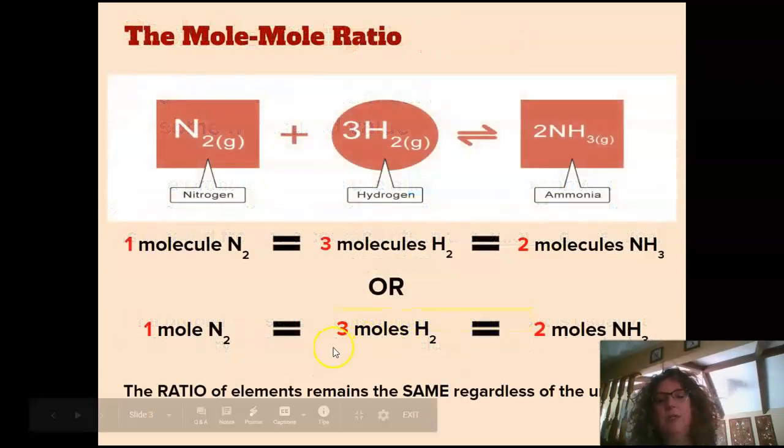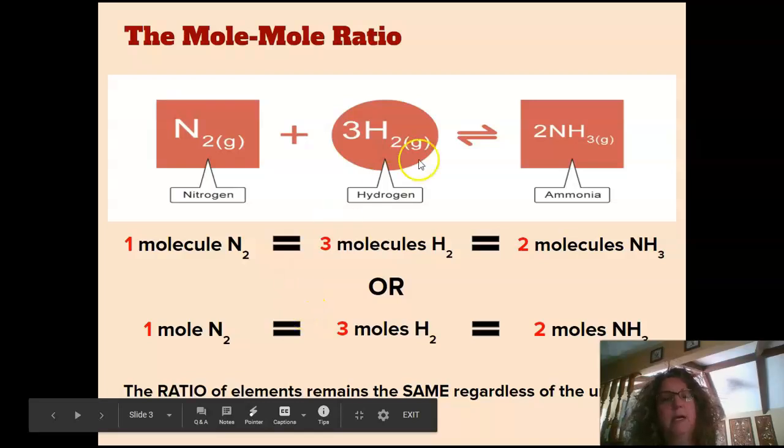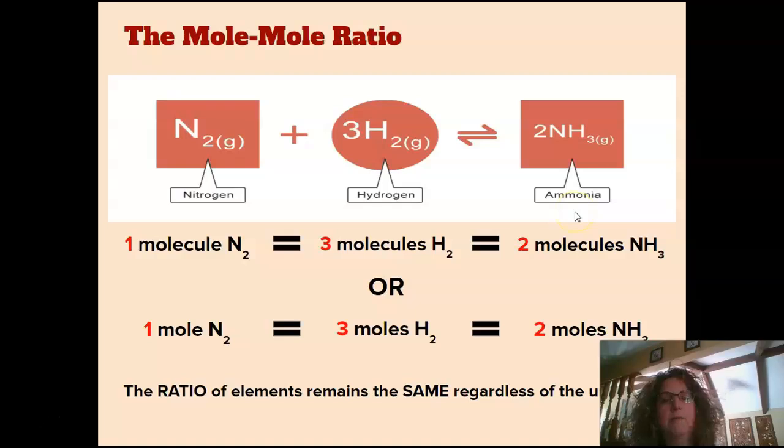All right, so let's look at this mole-mole ratio. Here is what's called the Haber process, and this is how we commercially produce ammonia for sale. We take nitrogen gas, we react it with hydrogen gas, and we produce ammonia. You should remember from balancing that we're trying to make both sides of our chemical equation equal. I can't create atoms, I can't destroy atoms, so I have to have the same number of each kind of atom on both sides.